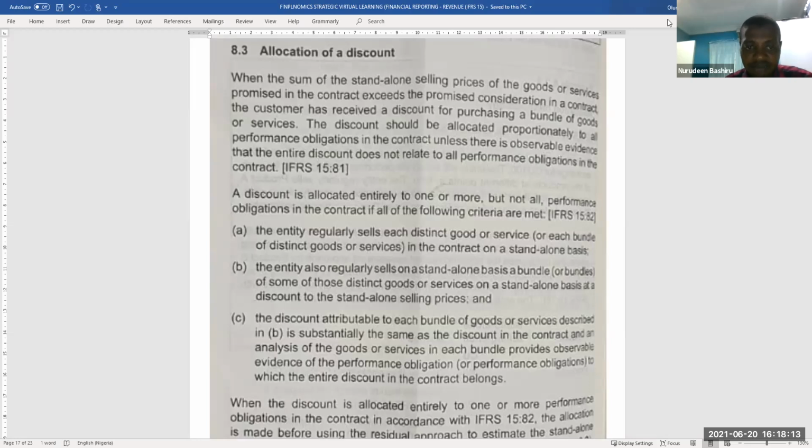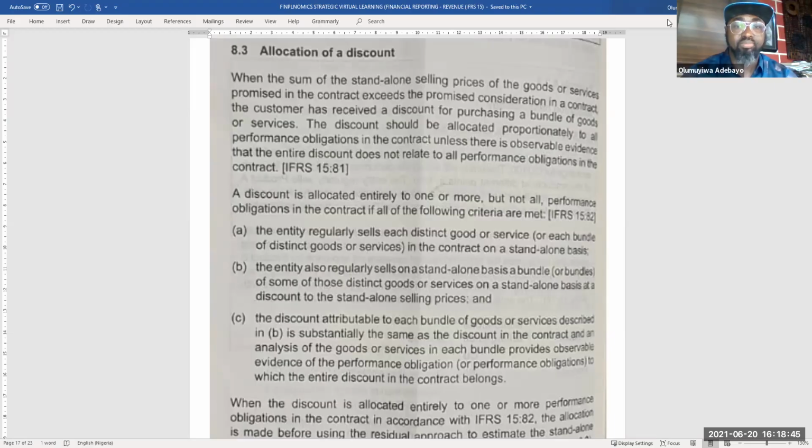And C, the discount attributable to each bundle of goods or services described in B is substantially the same as the discount in the contract, and an analysis of the goods or services in each bundle provides observable evidence of the performance obligation or performance obligations to which the entire discount in the contract belongs.